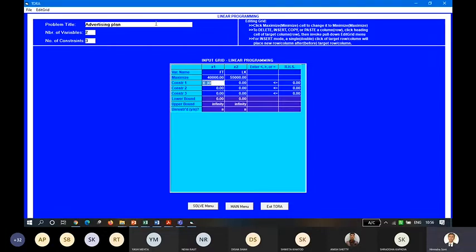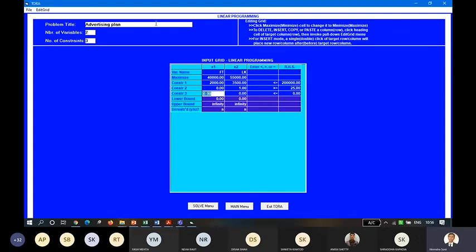First constraint is 2,000, this is 3,500, and it has to be less than or equal to 200,000. Then second constraint, here it would be 0, this would be 1, and it has to be greater than or equal to 25.